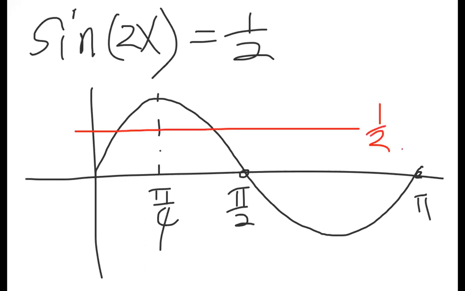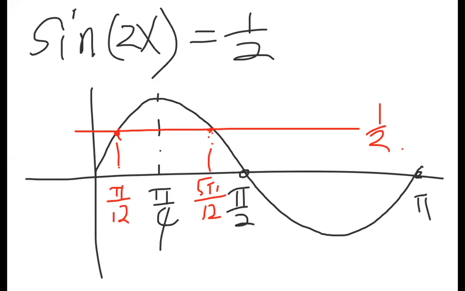So when you have the intersection with 1/2, now instead of pi over 6, it becomes pi over 12 here. And instead of 5 pi over 6, you have 5 pi over 12. Everything is shrunk by 1/2.